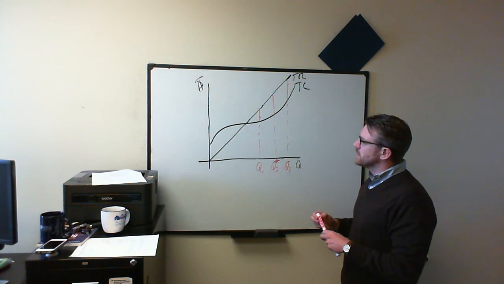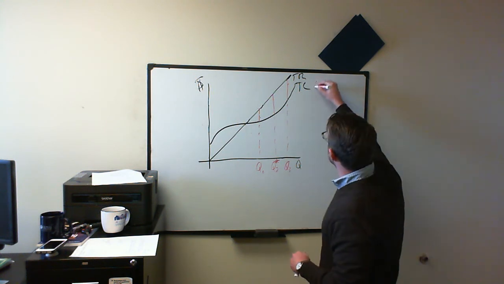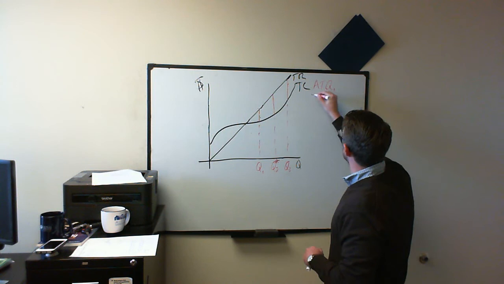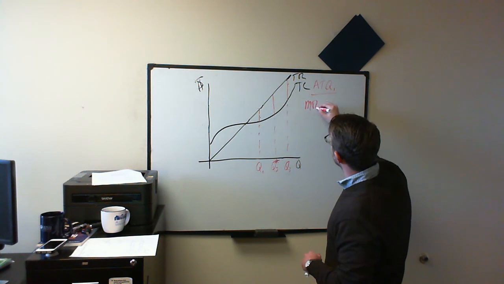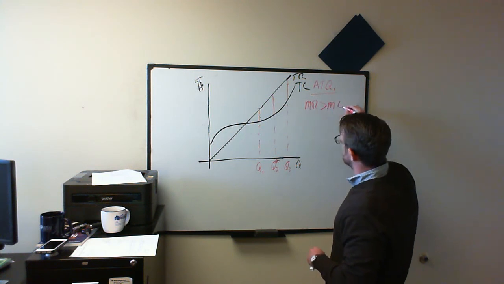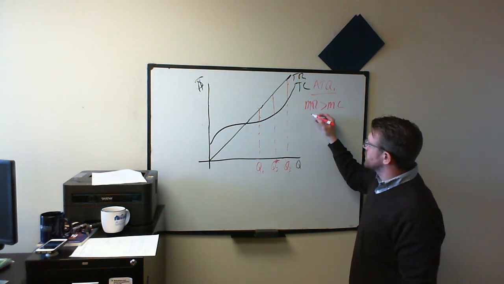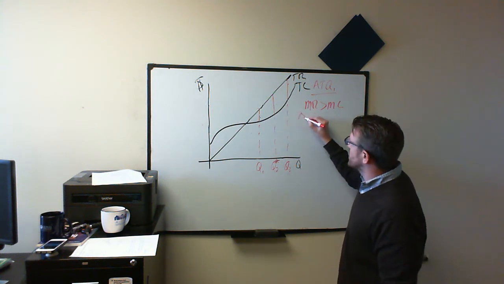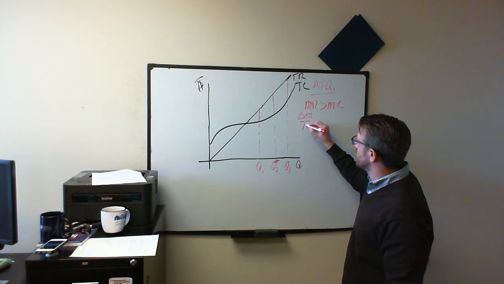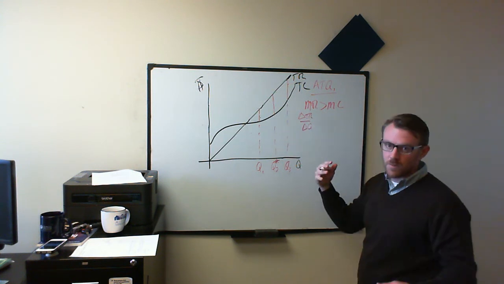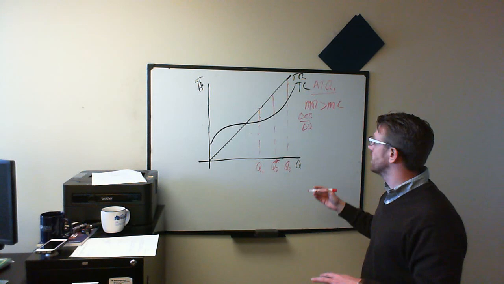And so the thing to notice is that at Q1, marginal revenue is greater than marginal cost. Now what is marginal revenue? It's just like we learned with marginal cost, the change in total revenue over the change in quantity. Whenever you see that word marginal, we're thinking about a change here.